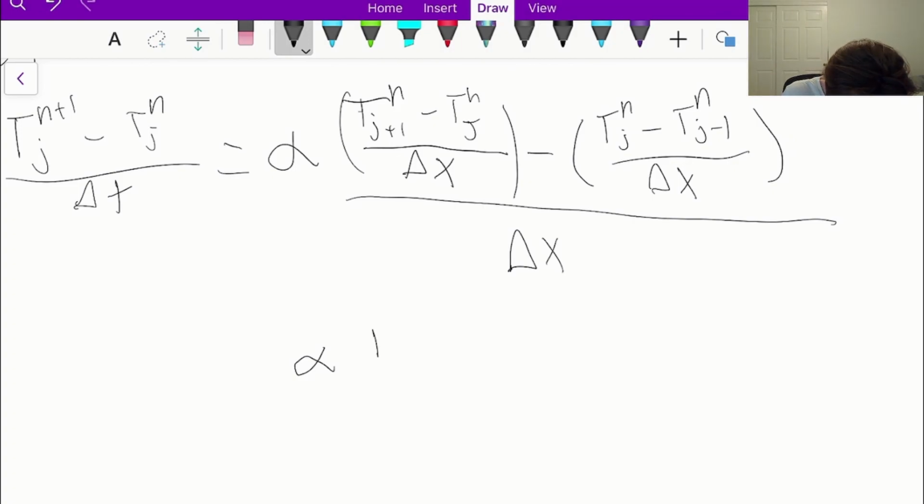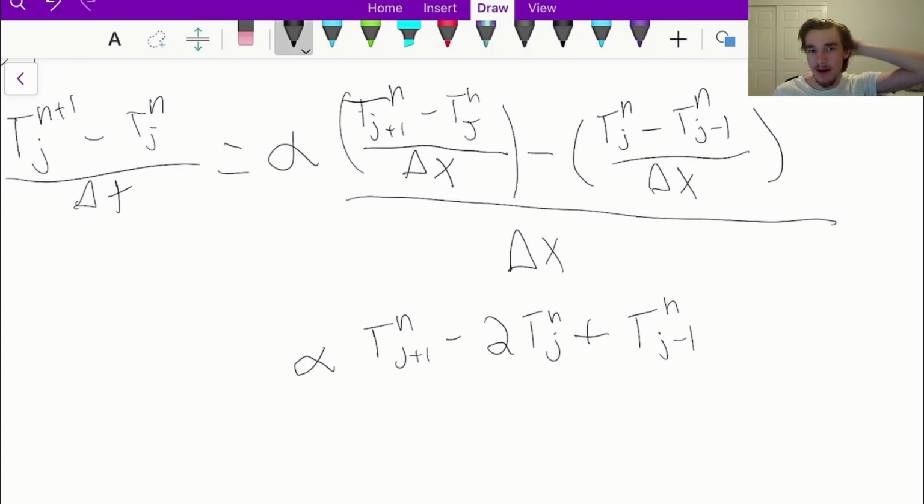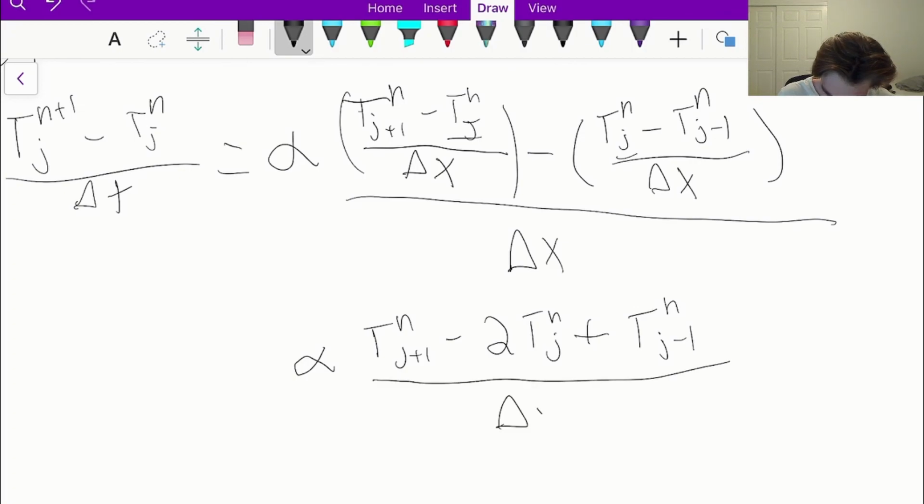We have T n j plus 1 minus 2 times T n j plus the temperature at time n, j minus 1. All I did was combine that, and the 2 comes from 1, 2 right there, and the minus a minus obviously becomes a positive number. And this is over delta x squared, because the common denominator comes together and then it divides it again. So you just have delta x squared on the bottom right there.